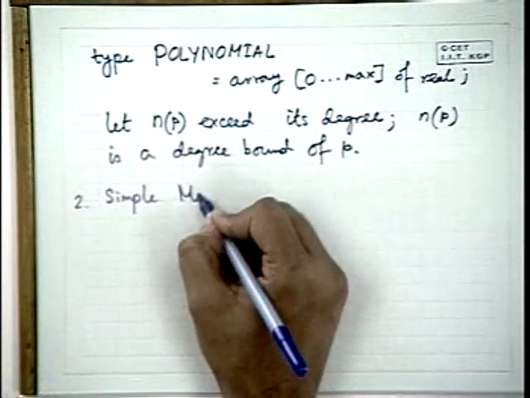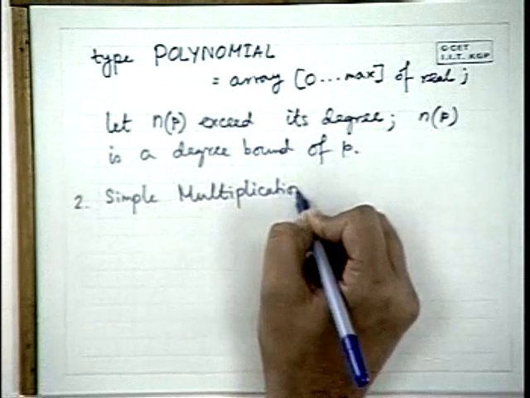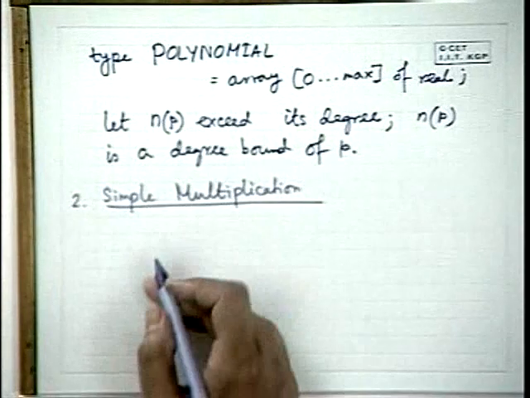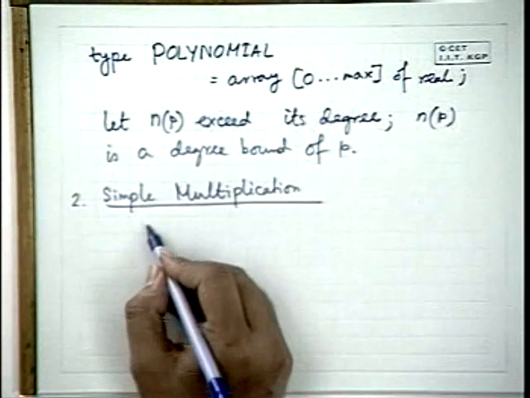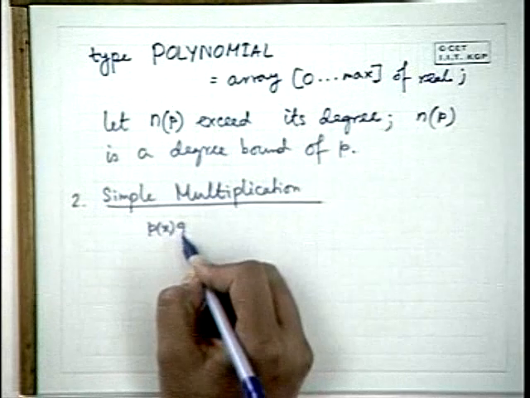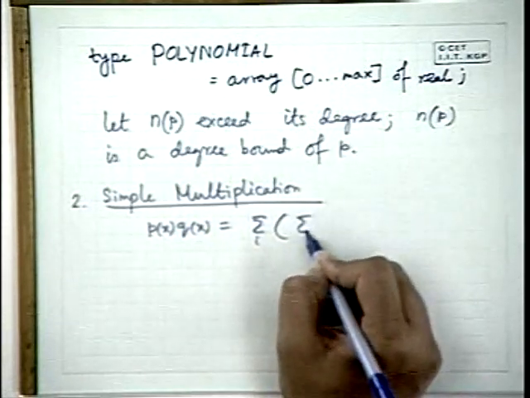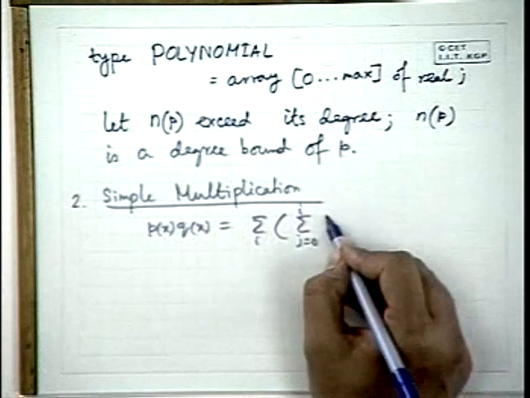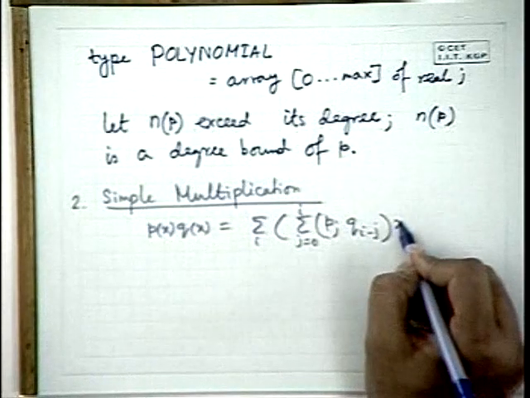Let us see how we can do simple multiplication. Let us take an example. You remember the formula: P(x)Q(x) is the sum over i of the sum over j going from 0 to i of Pj times Q(i minus j) times x to the power i.